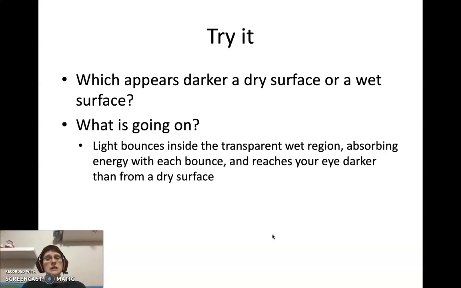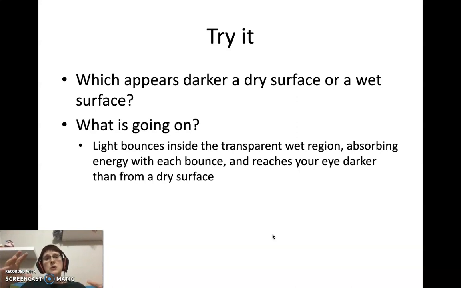What happens is when you have a wet surface, the light is actually going to go into that wet region where the water is at, and it's going to bounce around inside of the water droplet. And every time the light bounces inside of the water, it's actually going to absorb energy.